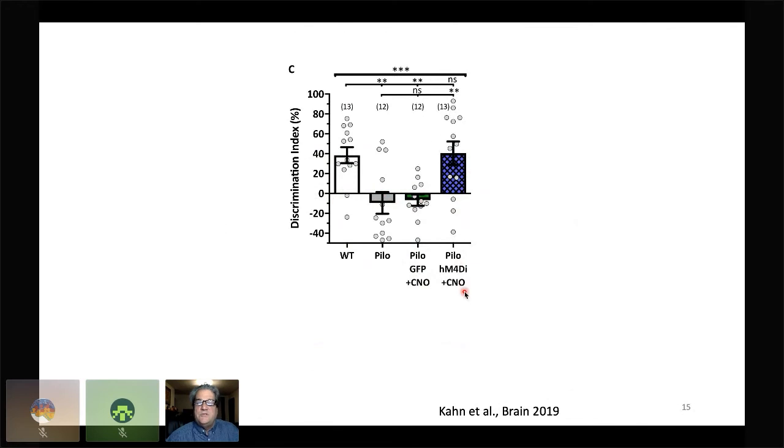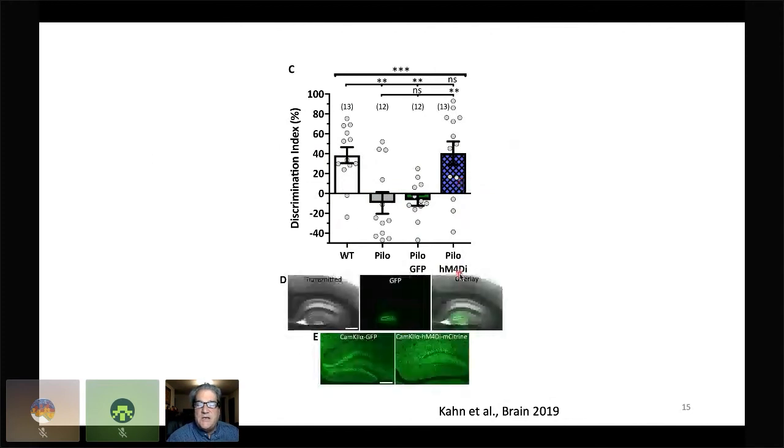But when we reduce the hyperexcitability in the dentate granule cells by activating hM4Di, the animals attend to the displaced object as much as the controls did. So we can make these epileptic mice smarter, and I'd like to emphasize that this is only the dentate gyrus in the dorsal hippocampus that's getting modulated. Nowhere else in the brain is there any of the DREADDs expressed. And so this is a very, very specific intervention in granule cells.